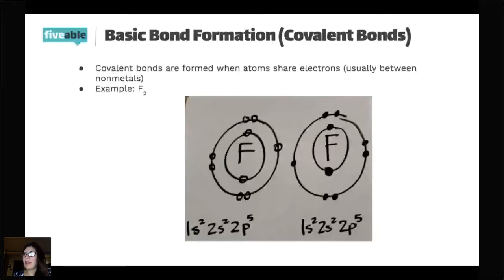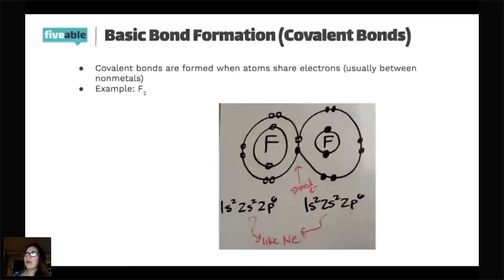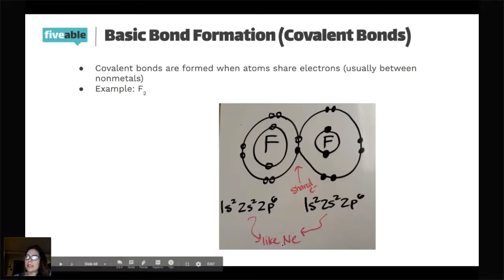So by sharing the electron, one thing to consider is that the shared electrons count for both atoms. So now both atoms are complete with the octet, and they will have the electron configuration just like neon, so they're more stable that way.